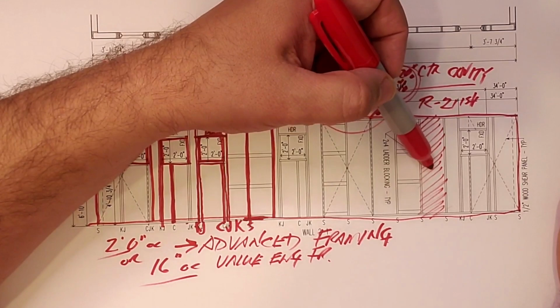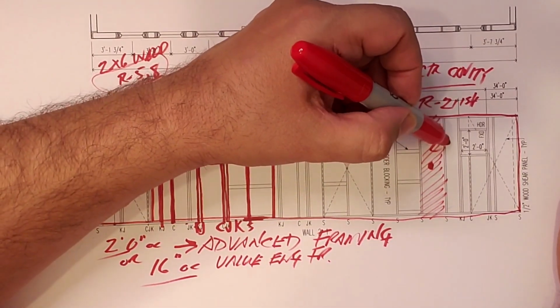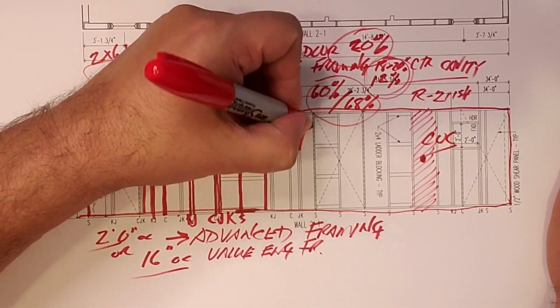So while we cite the R value of the wall as being center of cavity, well, there's this thing called whole wall R value.